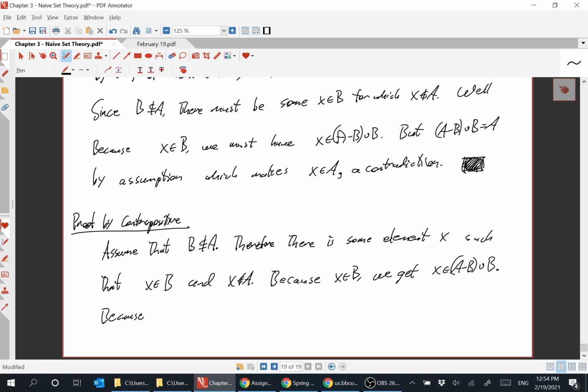Now what? A little different. Because X is an element of B, we get that X is an element of A minus B union B. However, now, since X is not in A, what?